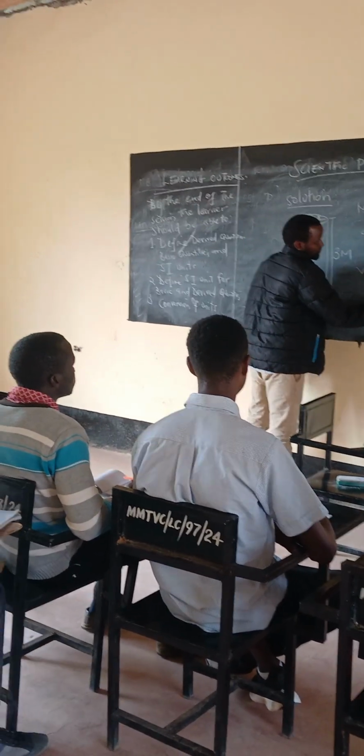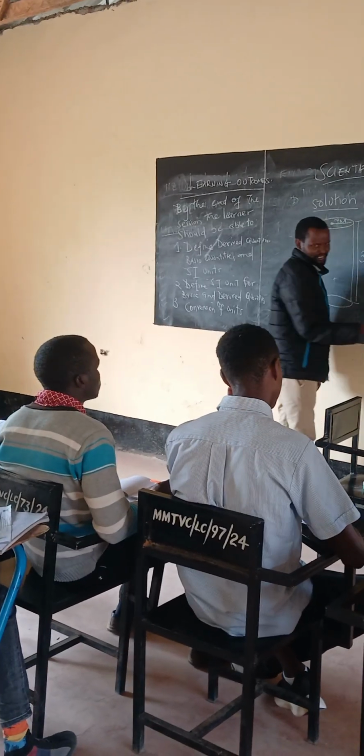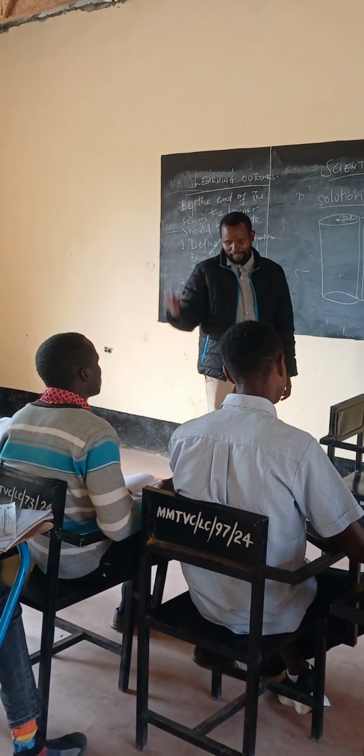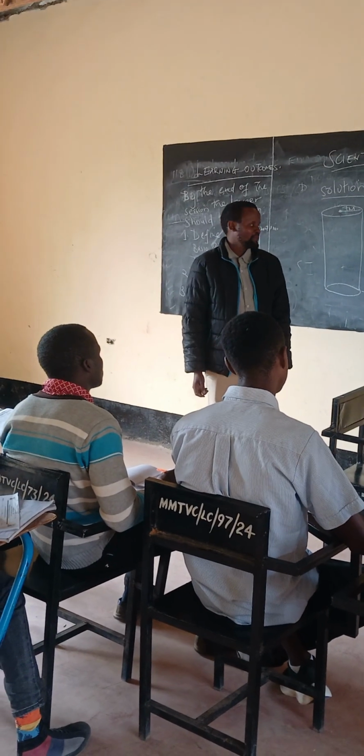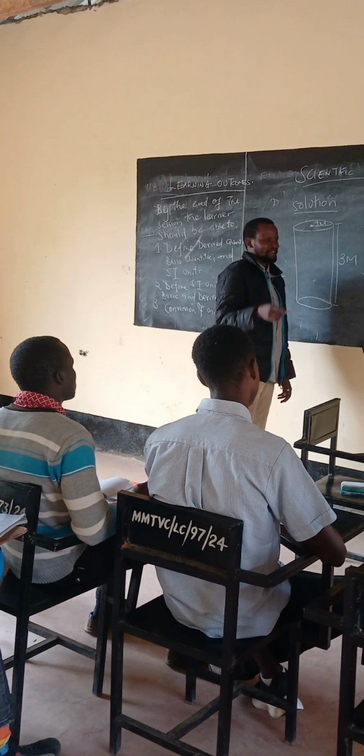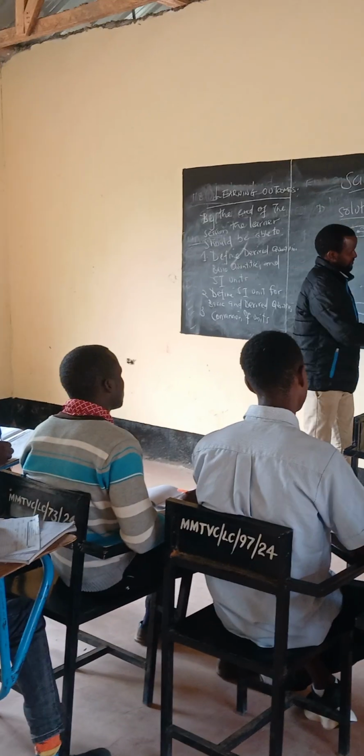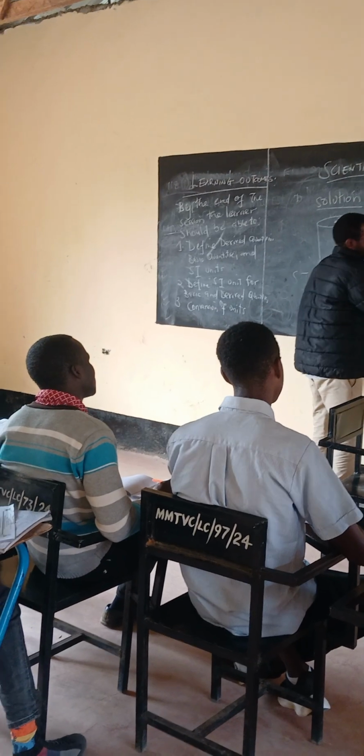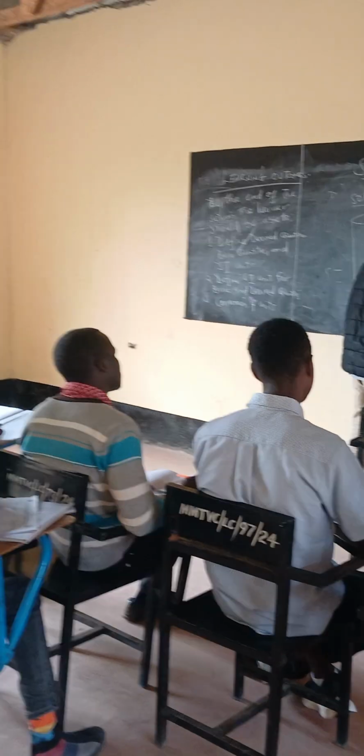Pi, we take it to be 22/7. It has been calculated a long time ago. Wale wanafanya hesabu back in Egypt. Times 7 times 3.